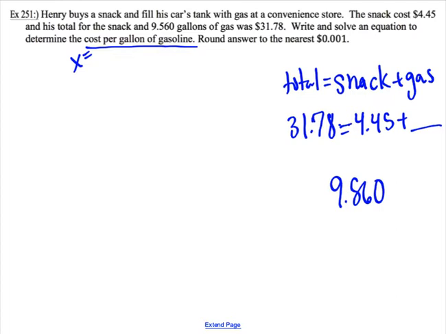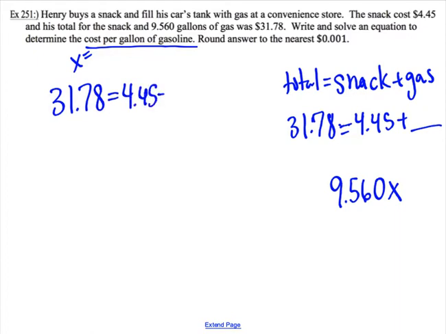So we've got 9.560 as the total amount of gas, and we need to multiply that by the cost per gallon, which is X. So this gives us our equation: 31.78 is going to equal 4.45 plus 9.560x.